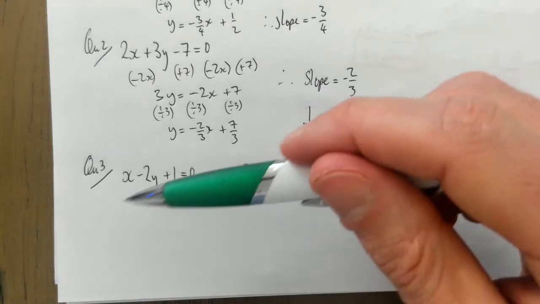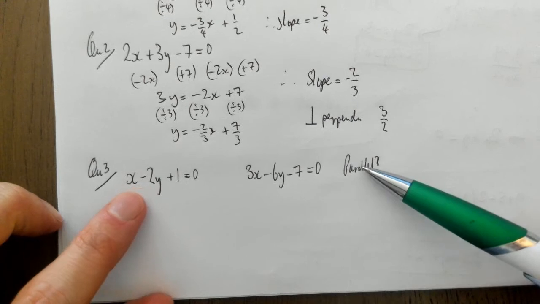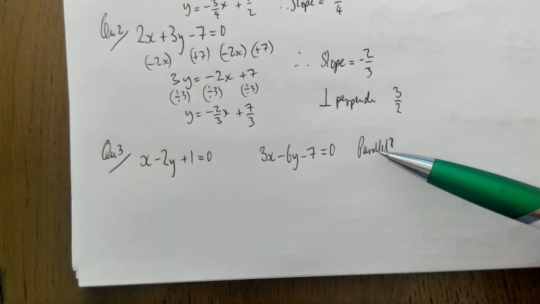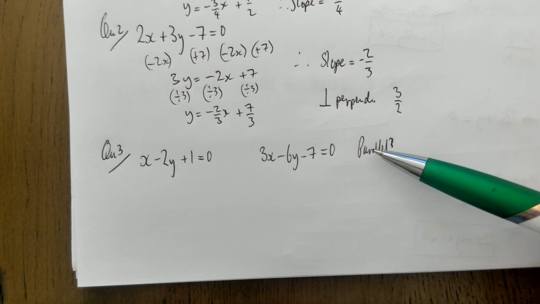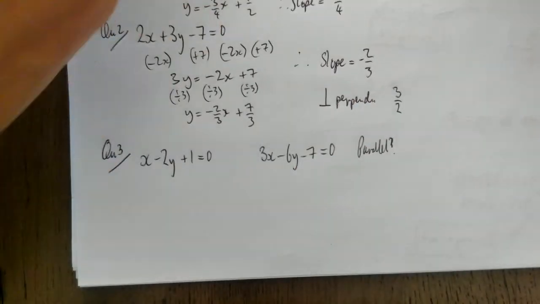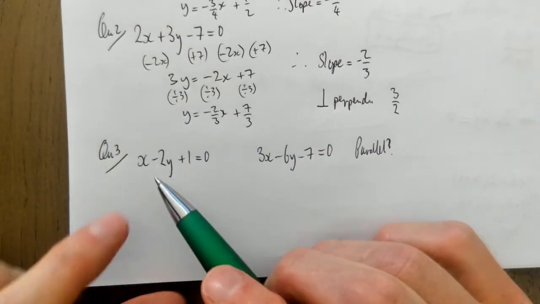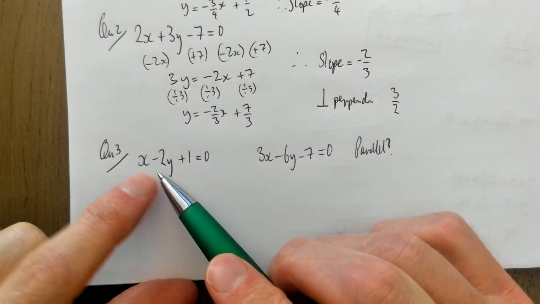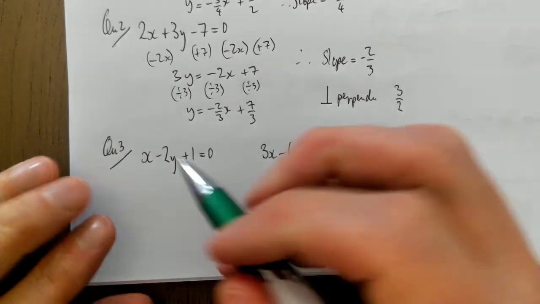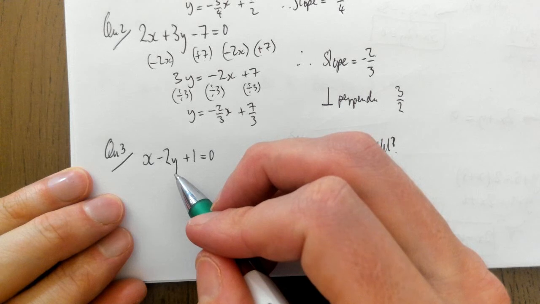Okay, let's look at question 3. The equations of two lines are given here, and they're asking, are these lines parallel? We don't know yet. We've got to work out the slope. The only way of showing lines are parallel is to work out the slopes and show they're the same. So we rearrange them to make them look like y equals mx plus c.